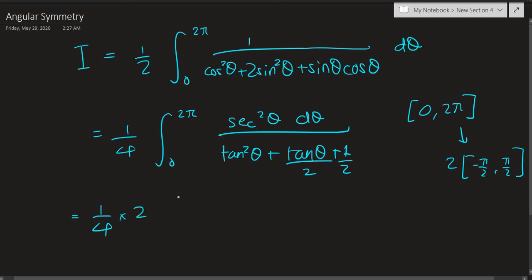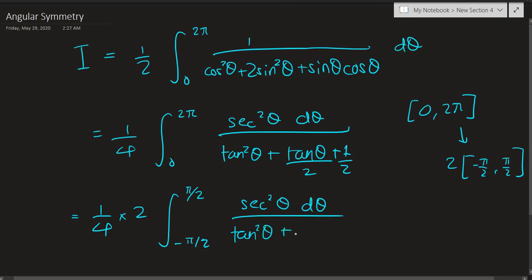So we have 2 times the integral from negative pi over 2 to positive pi over 2 of secant squared theta d theta divided by tan squared theta plus tan theta over 2 plus half.